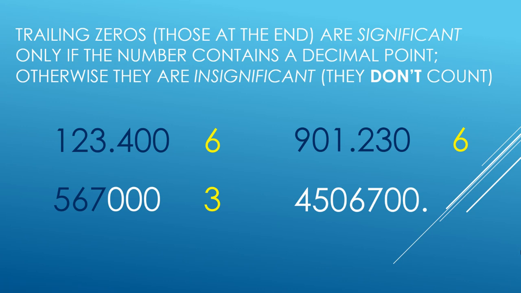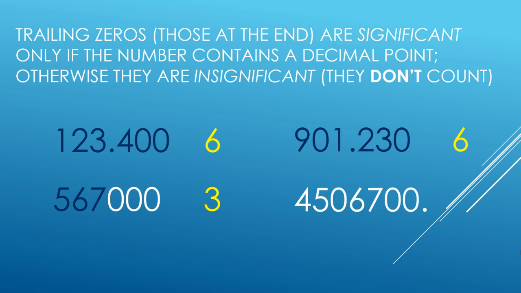Okay, so this number is a little bit unique because there is a decimal point after the 0. What this means is that those two trailing zeros were actually measured. So if we go back to our pencil from the last lesson, if that pencil had landed right on the 0 line, we would have included those zeros.